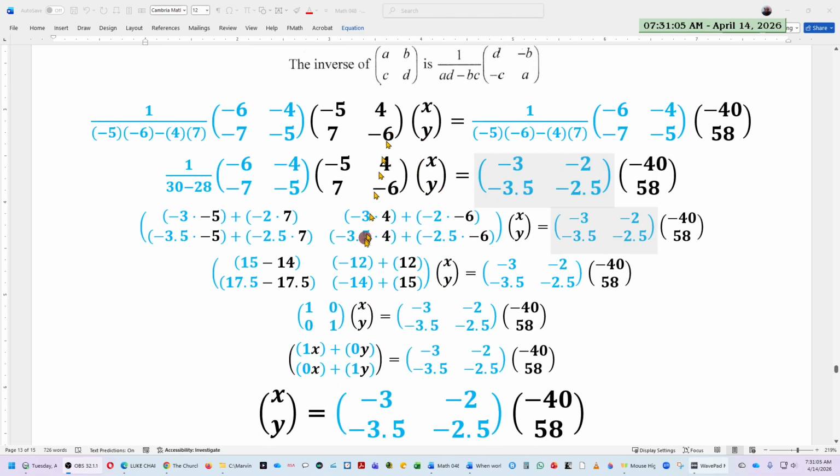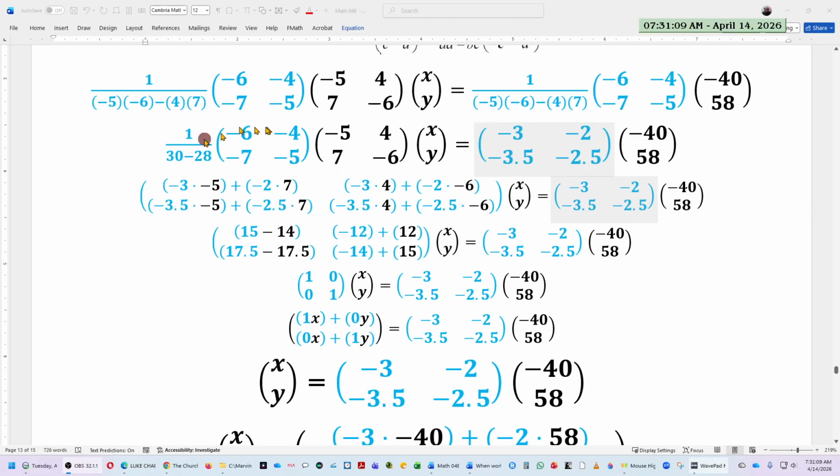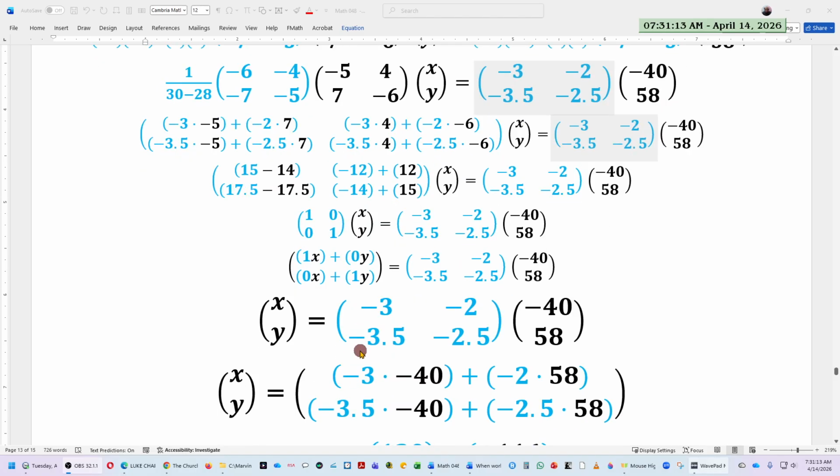You don't need to show this portion on the exam. You can go directly, well, after you show this first step here, you can go directly to this portion here because you want your inverse to multiply this column matrix.